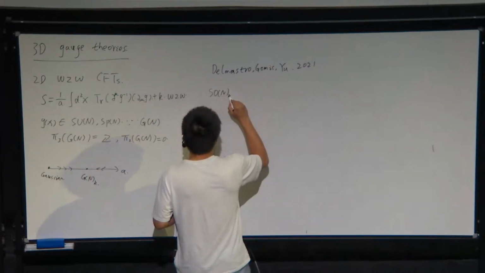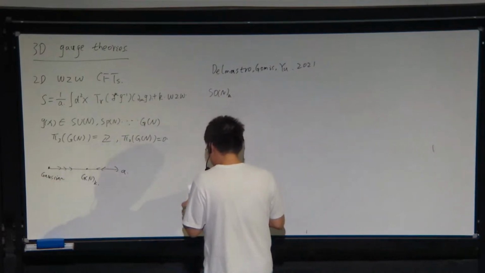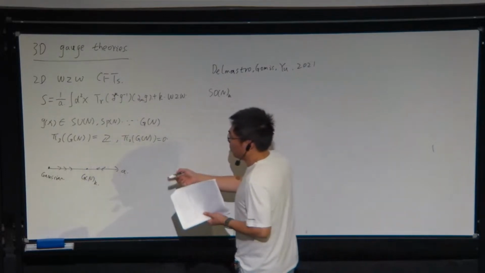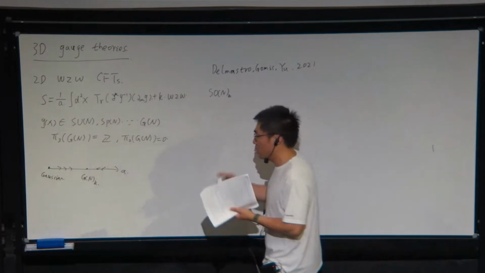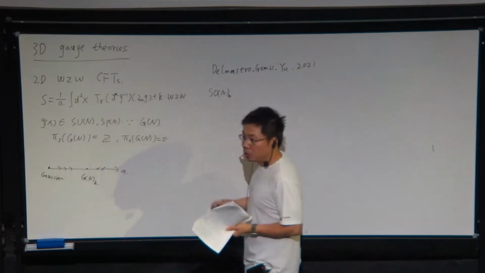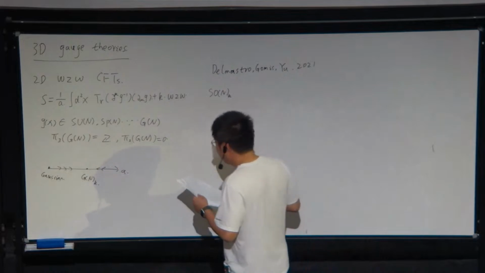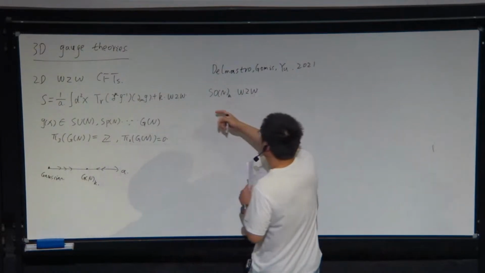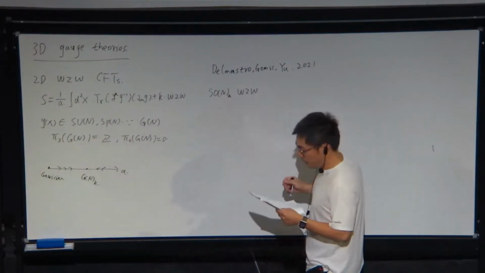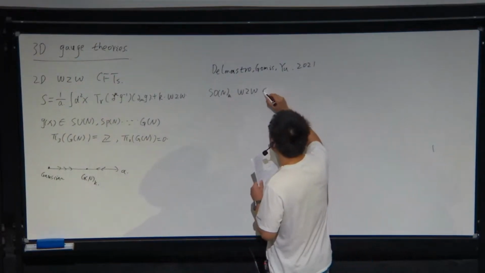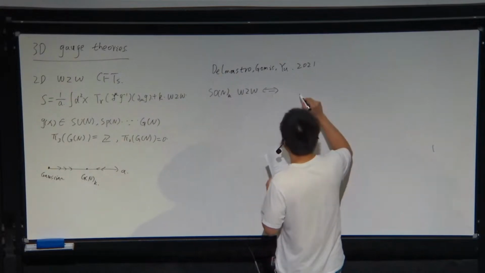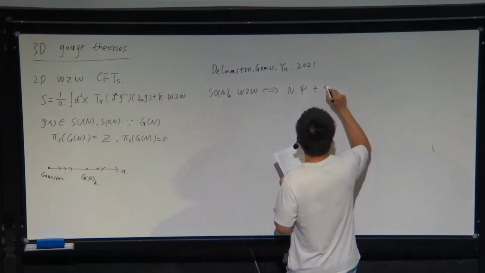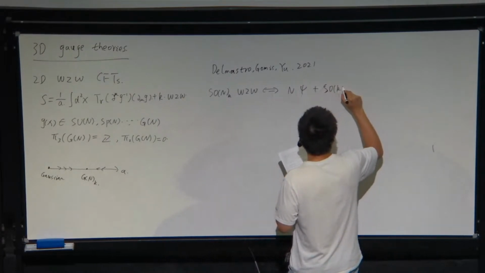In 2D, I think they proved this mainly because in 2D the RG flow is very strict due to the anomaly and so on, so you can really prove this. For example, if you have SO(N) level K Wess-Zumino-Witten theory, it corresponds to N flavors of Dirac fermion coupled with an SO(K) gauge field.